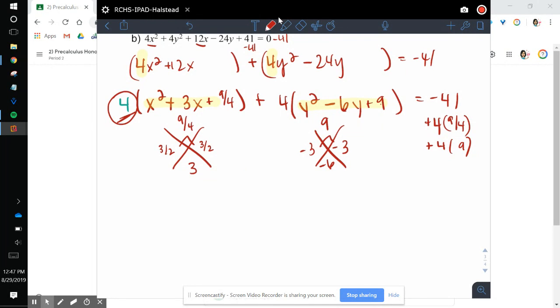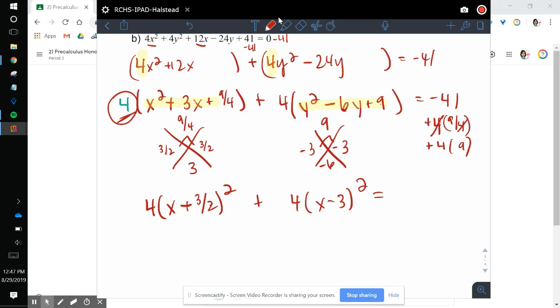All right, now we need to factor these, so I get 4 times x plus 3 over 2 squared, plus 4 times y minus 3 squared, is equal to, let's see, negative 41, that's fine, plus 4 times 9/4. Let's see, 4 times 9/4, the 4's cancel because we're multiplying by 4 and dividing by 4.